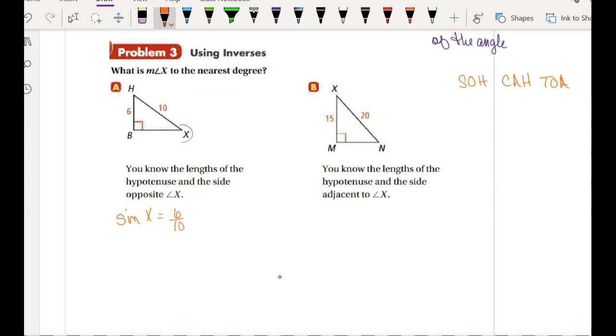So the measure of my angle x is equal to the inverse sine of 6/10.